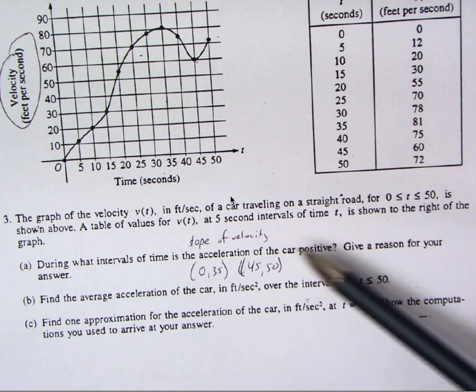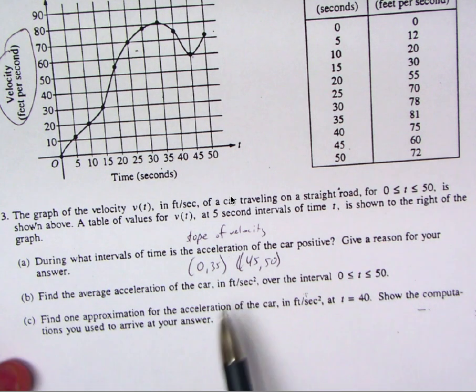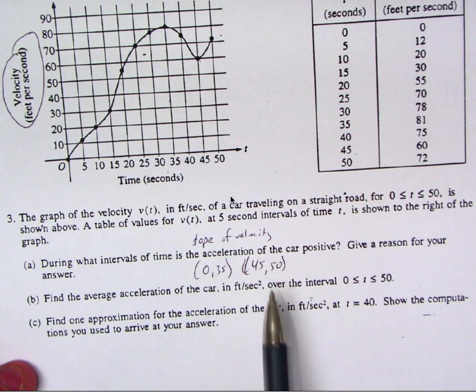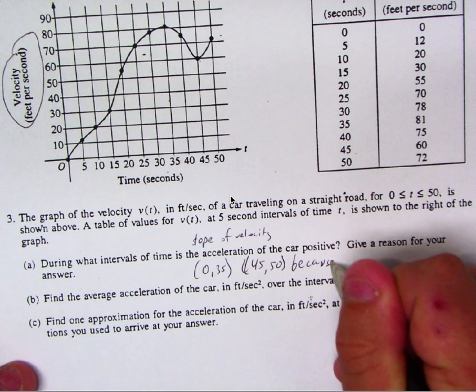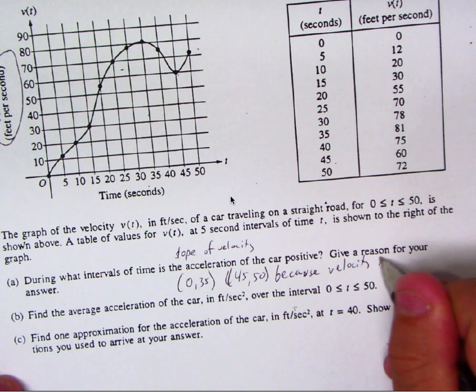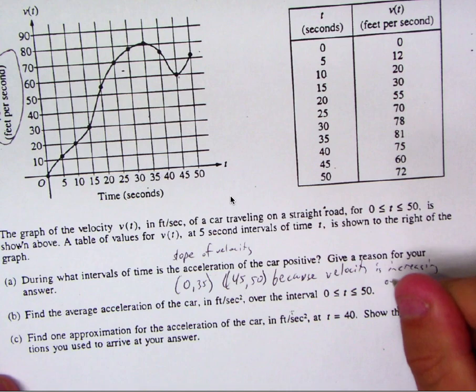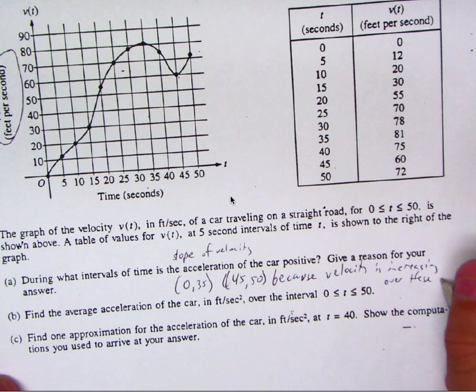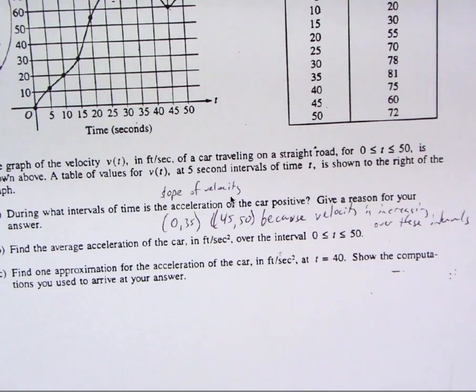Anywhere acceleration is positive is where the velocity is increasing. So we would say that it's over these intervals because velocity is increasing over these intervals. But again, just identify the relationship between position, velocity, acceleration.